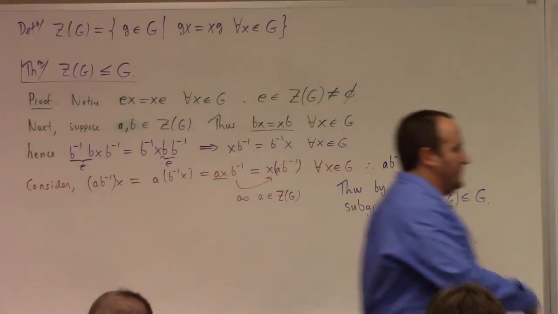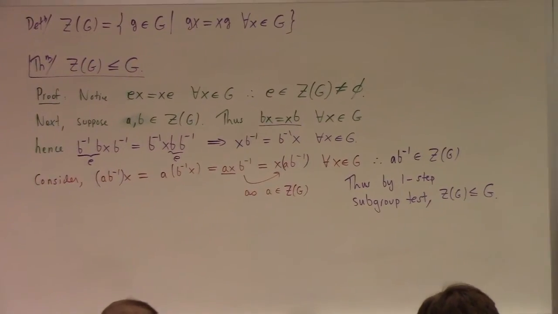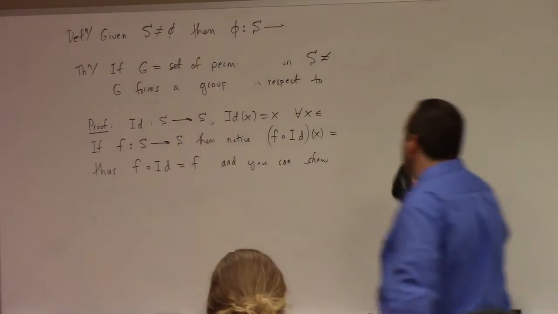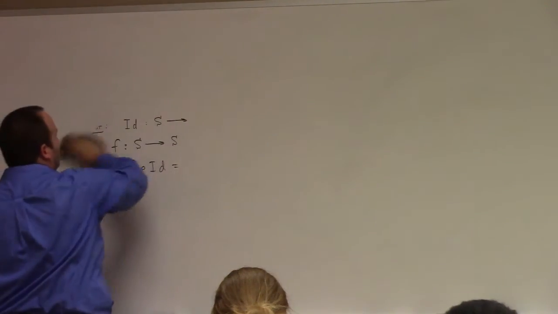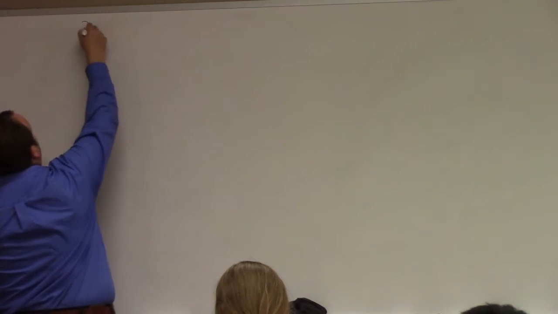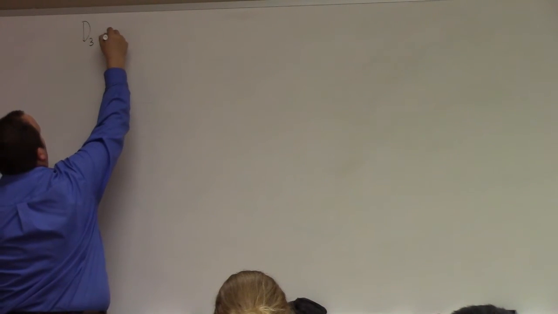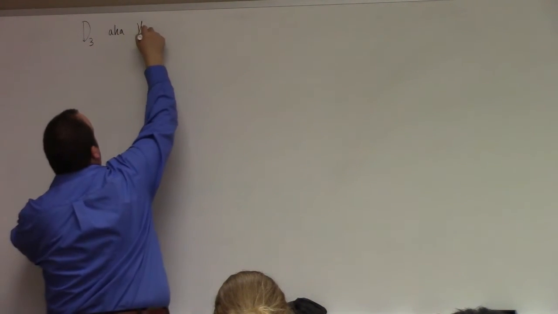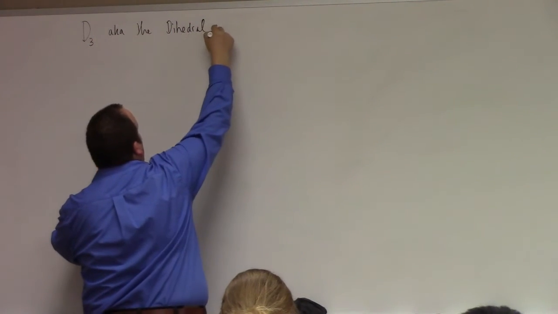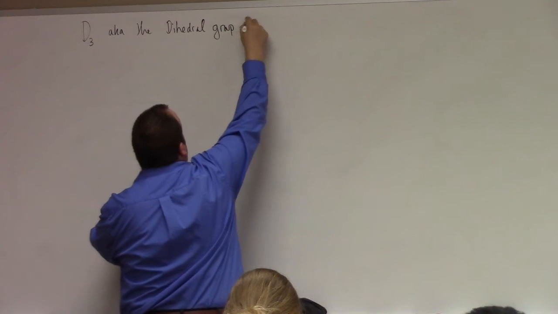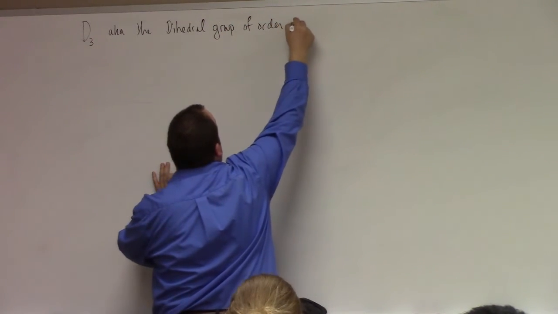So let's start with the simplest example. Let's start with the symmetry group of an equilateral triangle. This symmetry group is known as D3, AKA the dihedral group of order 6.